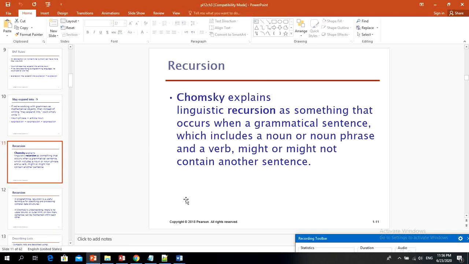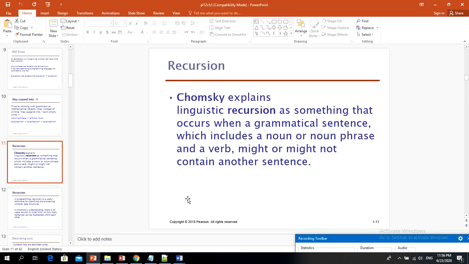And this could be repeated in terms of what we call recursion, as Chomsky explains. He described linguistic recursion as something that occurs when a grammatical sentence, which includes a noun or noun phrase and a verb, might or might not contain another sentence.